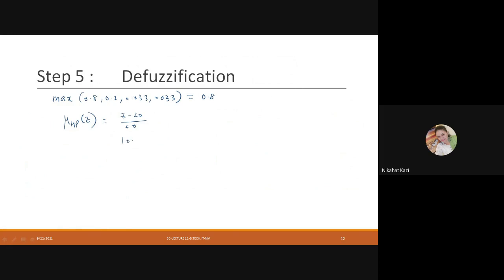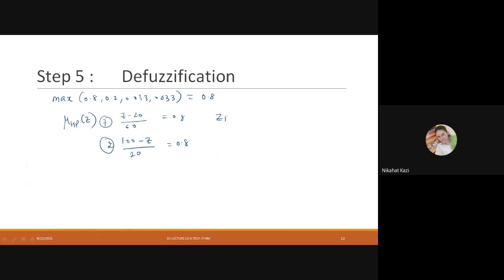So equate each of these to 0.8. This is equal to 0.8, this is the first equation. Second equation, this is equal to 0.8. And find the value of Z in each case.